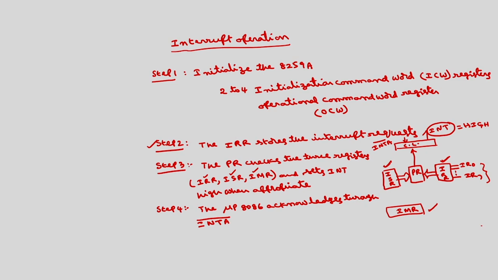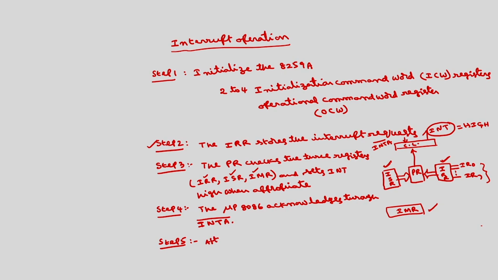Whenever the 8259 receives INTA bar, in the first cycle of INTA bar, the corresponding bit of that interrupt request in the IRR will be made 0, indicating that the particular request has been accepted.